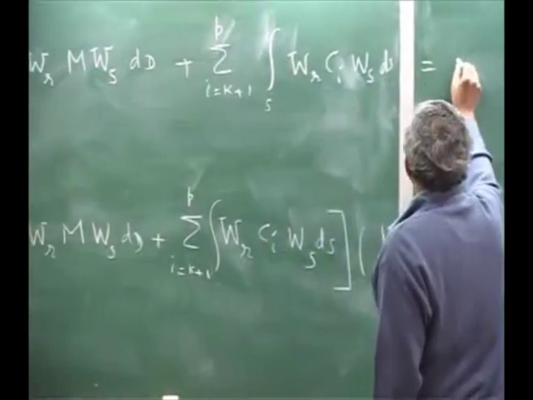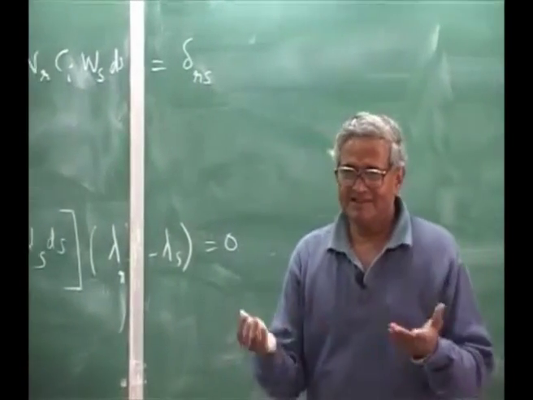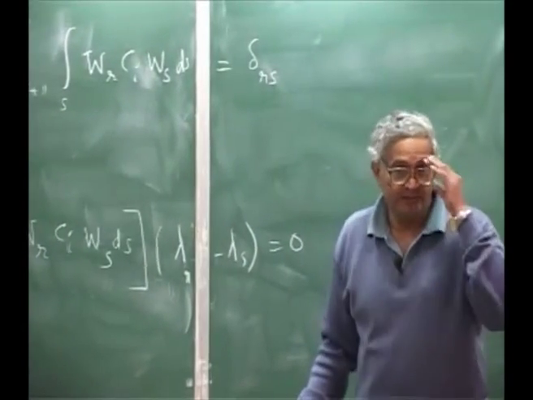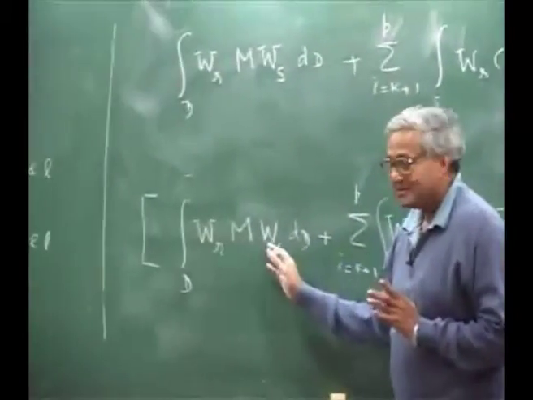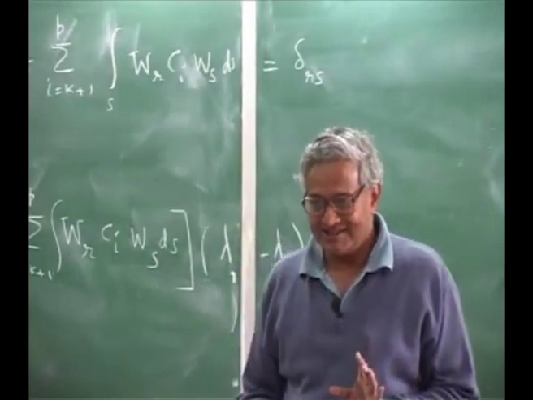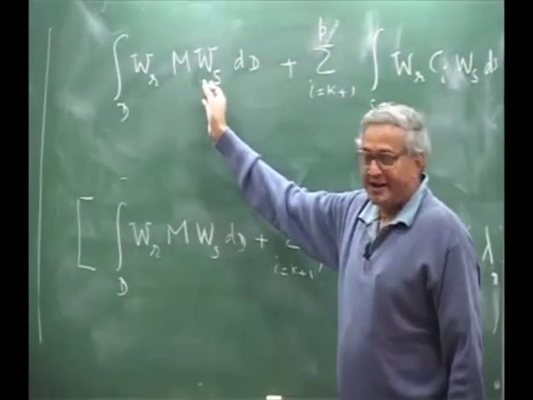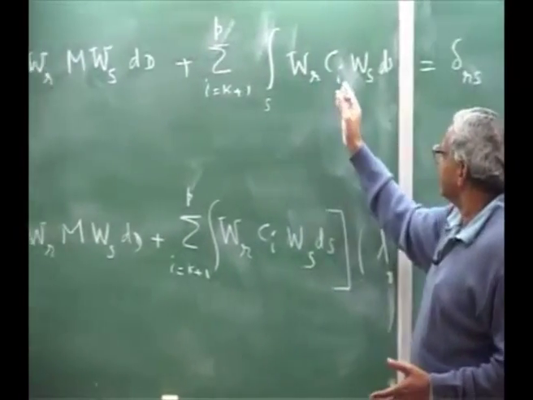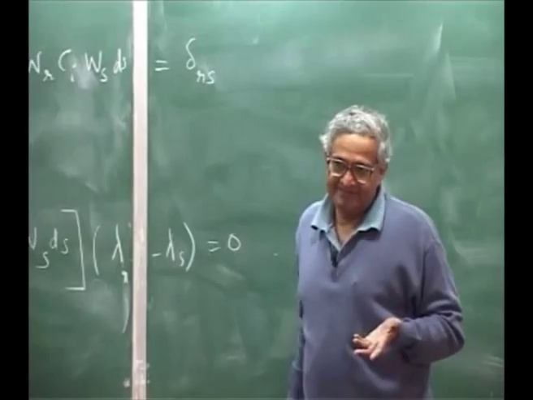This you write as delta RS, because when R equals S, you get 1. How do you get 1? Can you guarantee 1? That is where you talk about normalizing these functions in such a way that when you have W R M W R plus W R C I W R, it is equal to 1. That means I am normalizing the eigenfunction.